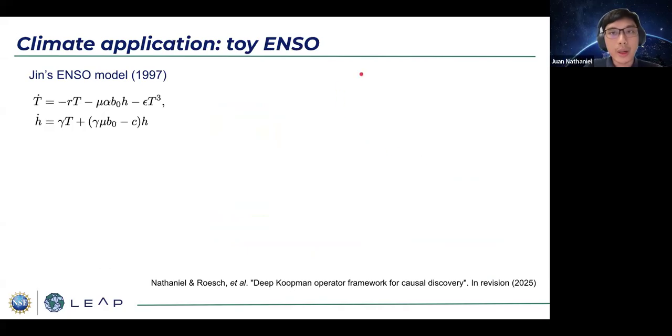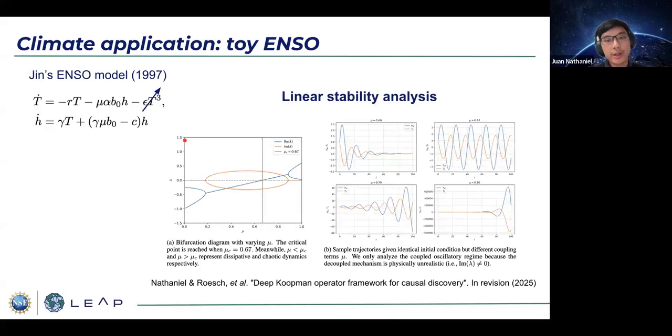So this is a simple climate application, a toy ENSO problem. This is one of the more popular ENSO models where you have sea surface temperature and sea surface height. And if we remove the nonlinear term, we linearize the whole system, we can do linear stability analysis.